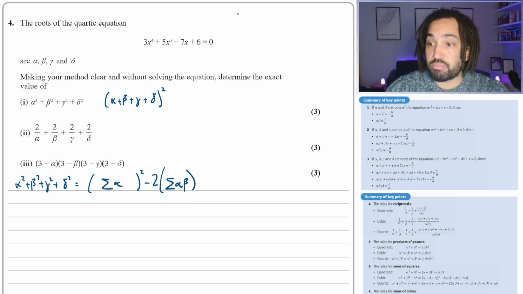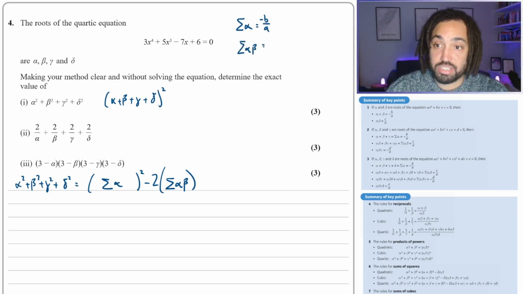Now, what we should know is that the sum of the individuals is equal to minus b over a. The sum of the pairs is equal to c over a. The sum of the triples is equal to minus d over a.